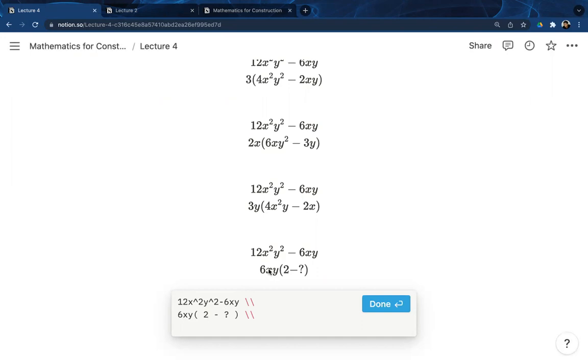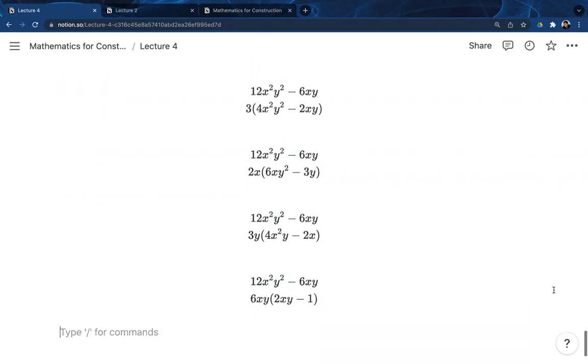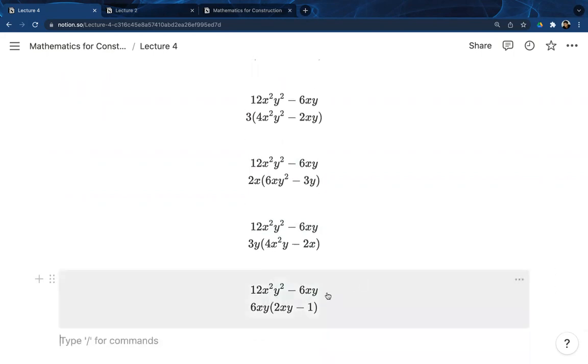I have an x on the outside. I need another x. And y by what is y squared? I need another y. Okay, and this 6xy, 6xy by what is 6xy? Well, 1. And you're done there. So given an expression, we should be able to find the HCF, put it on the outside, and figure out what we need inside to multiply.